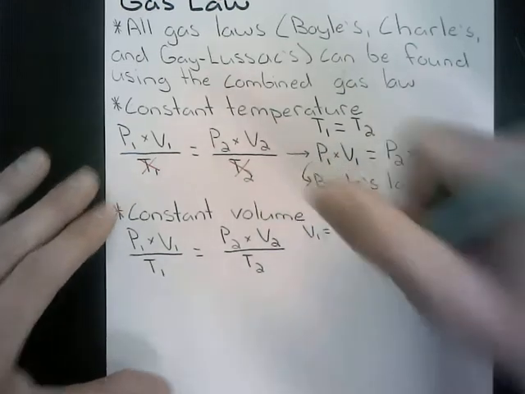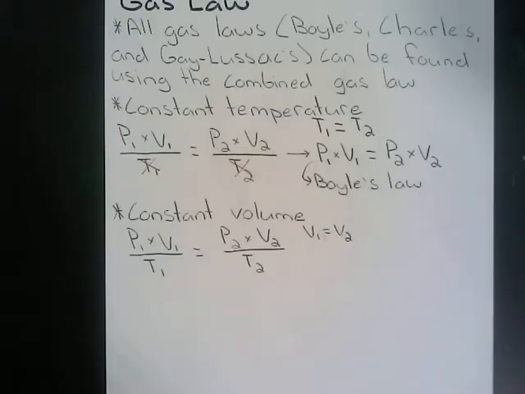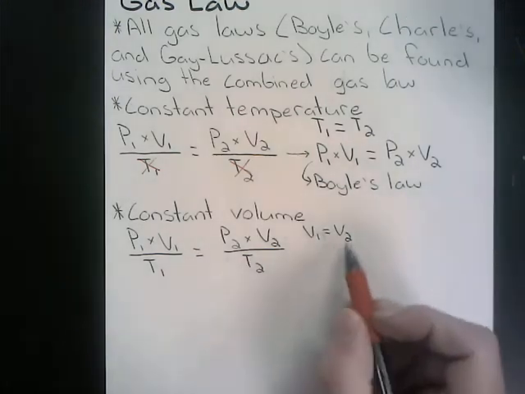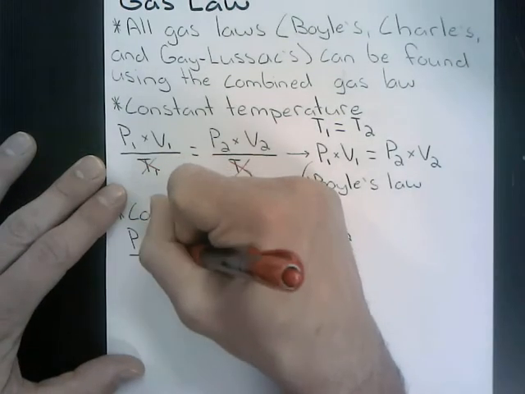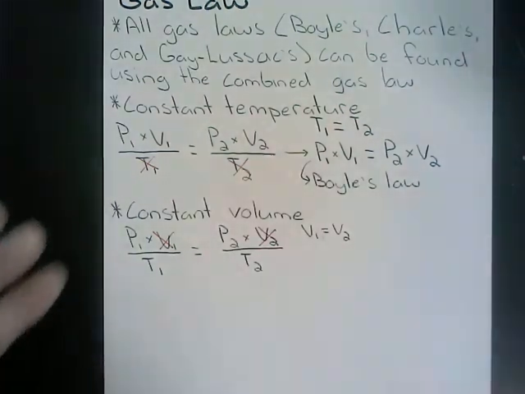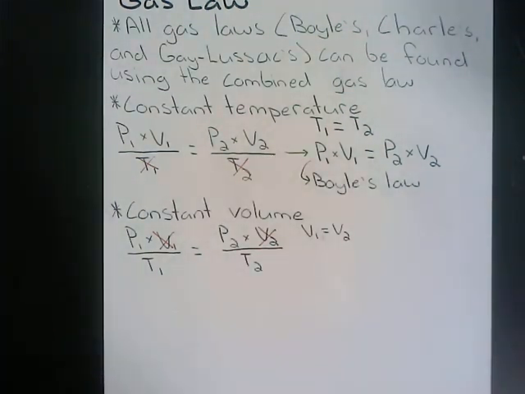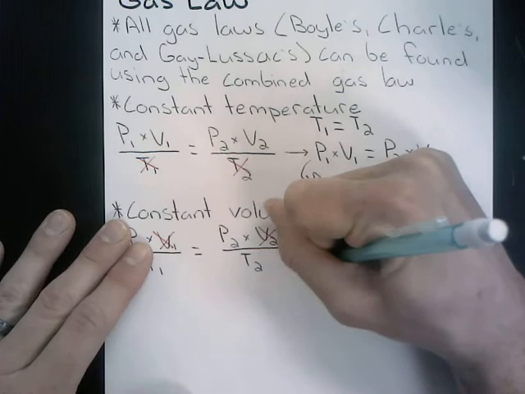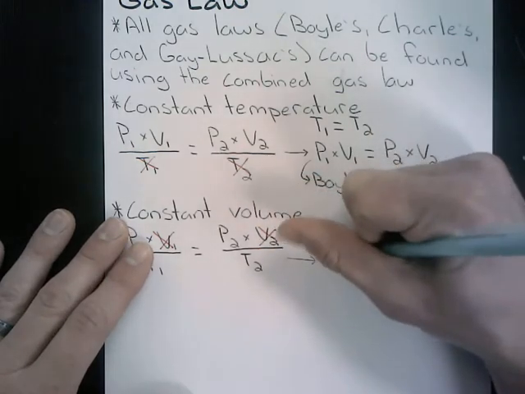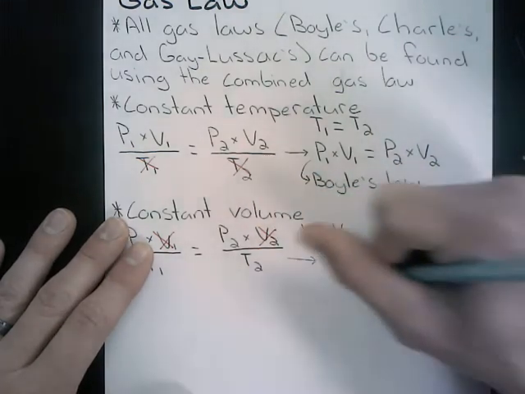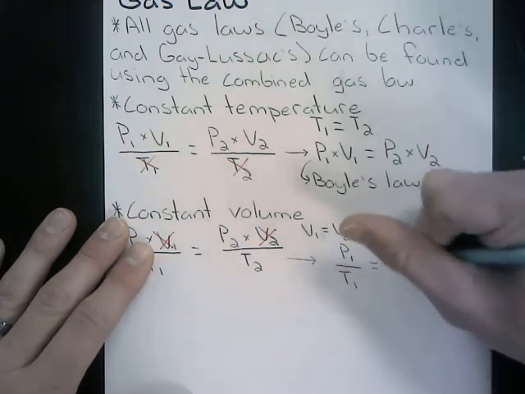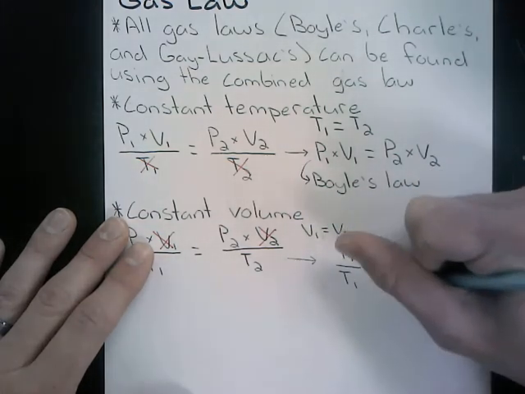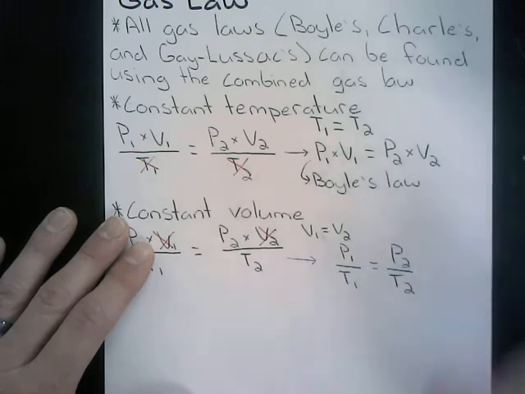Just like I did up top, if one variable's equal, we can cross out that variable. So I'm going to cross out my volumes here. When I consolidate this, I'm going to rewrite it, and I'm going to have P1 divided by T1 equals P2 divided by T2.